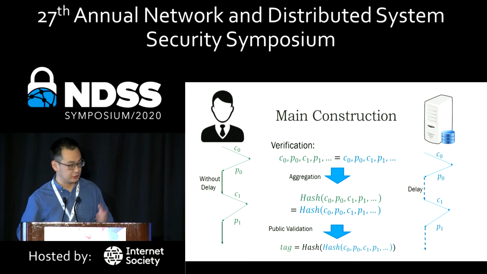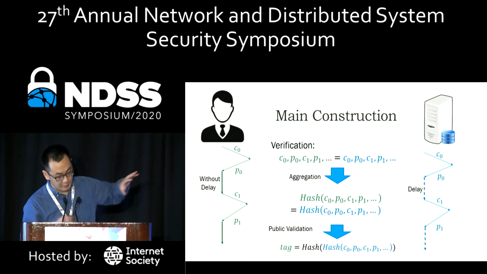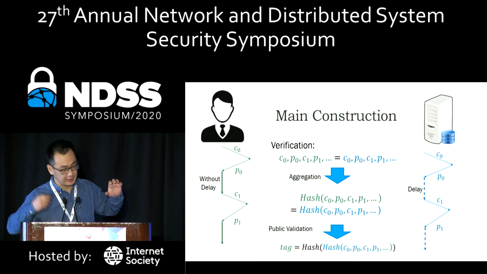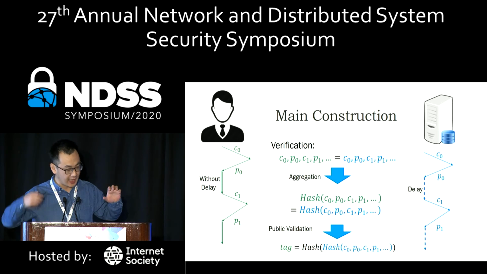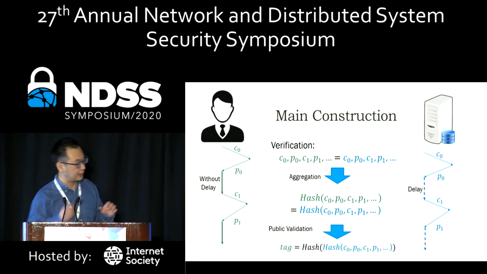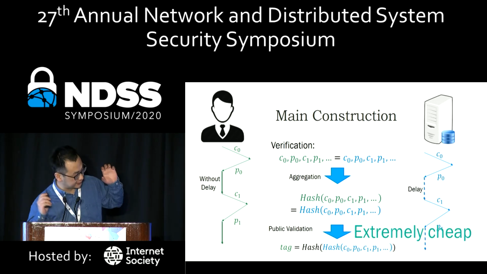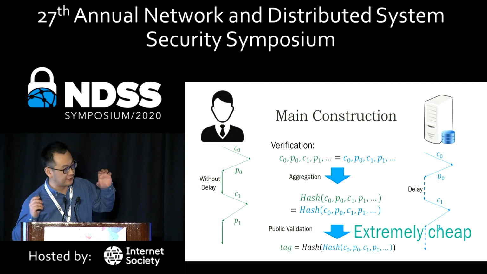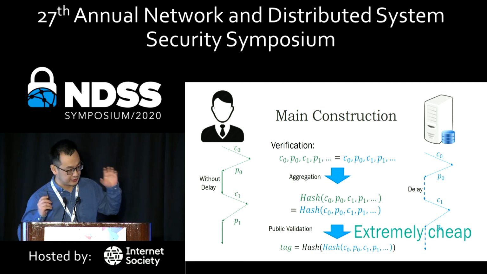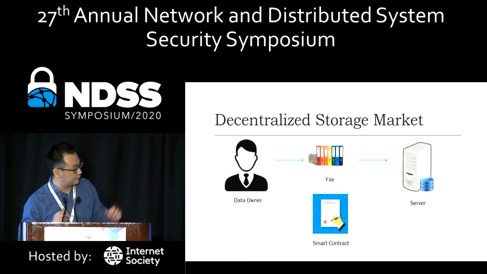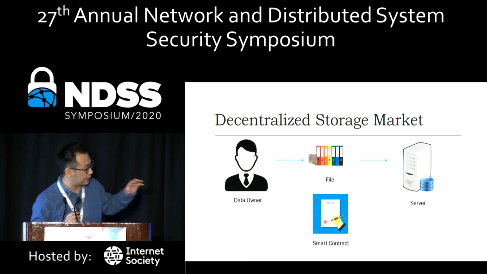So for verification, the server outputs a hash of the PORs, and the verifier will check whether this hash value equals the tag. Okay, so this verification can be public and is extremely cheap, since the verification algorithm only needs to check one hash value.